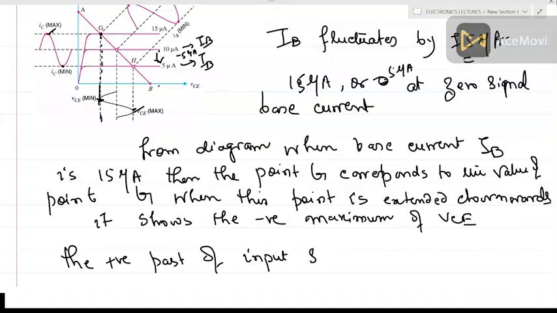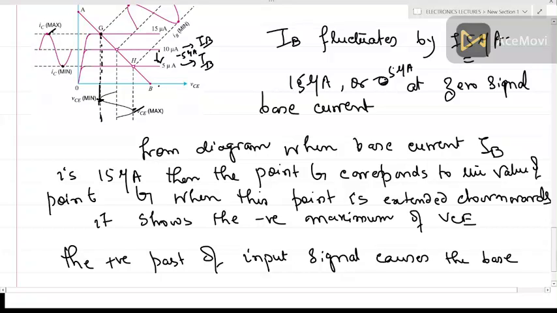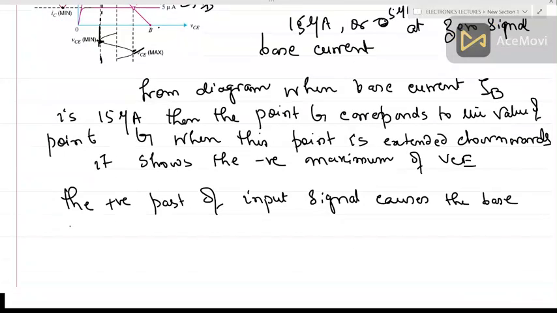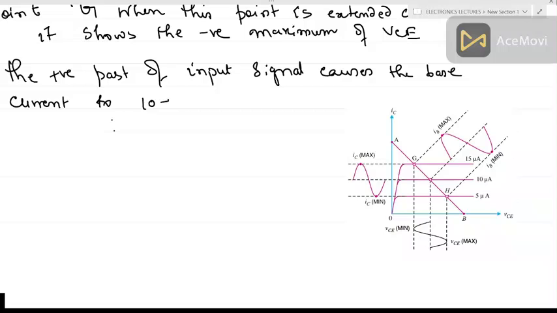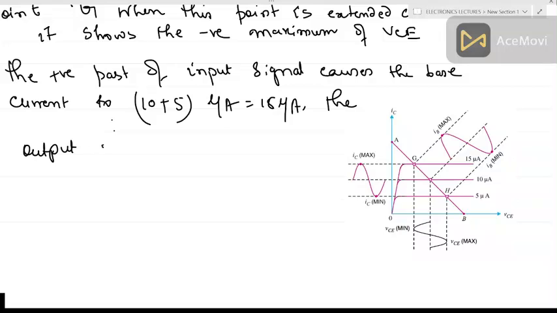This is the positive part of input signal. It causes the base current to increase. Let me give you this diagram here also. Increases the base current to 10 plus 5 microampere and it is 15 microampere.